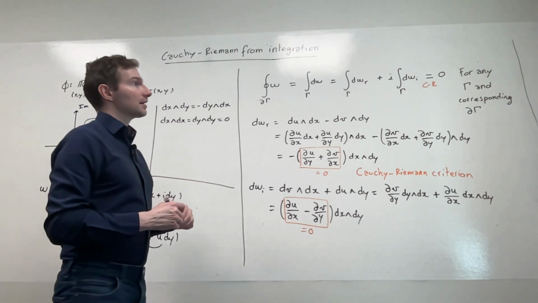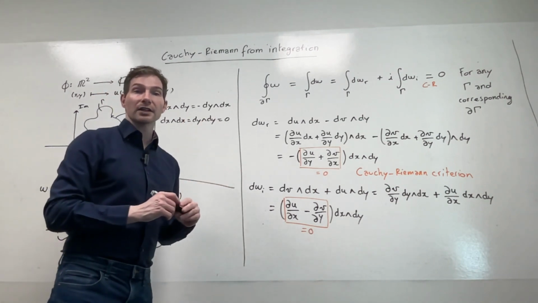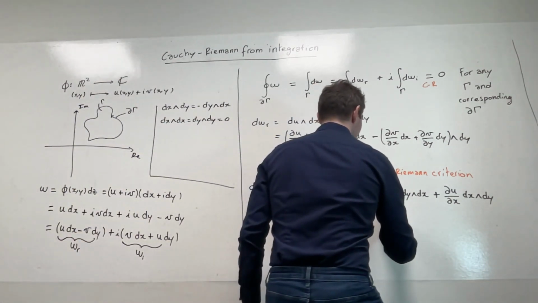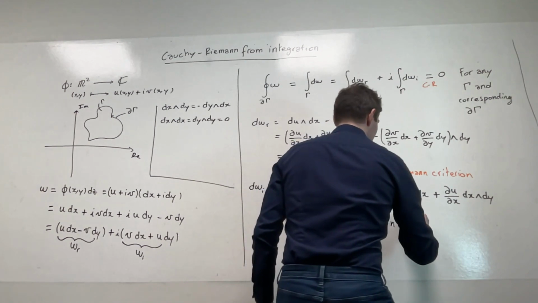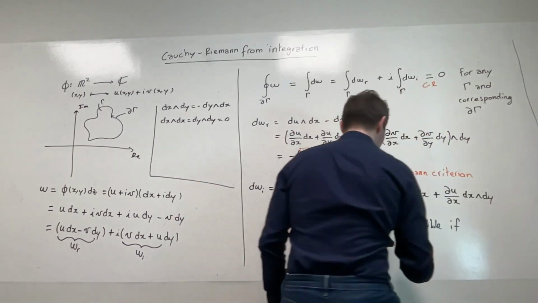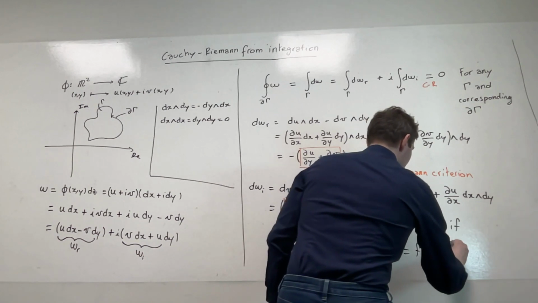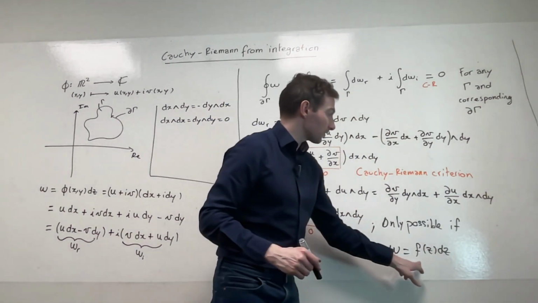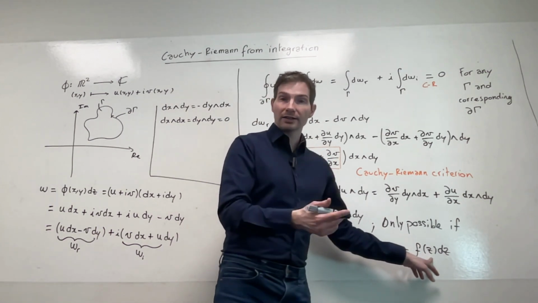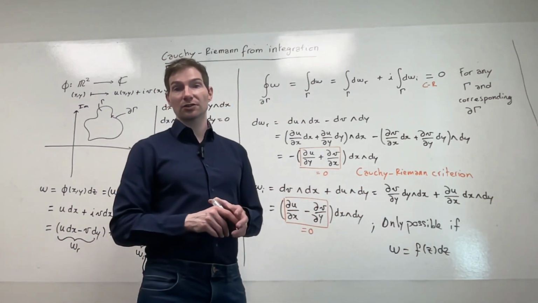Then what that means is that the only possibility for that to be 0 for all possible paths is only possible if omega is equal to f of z dz, where the f here is a function that is differentiable of a single variable, and where you substitute z inside. Okay, that's the only possibility for this to be true.